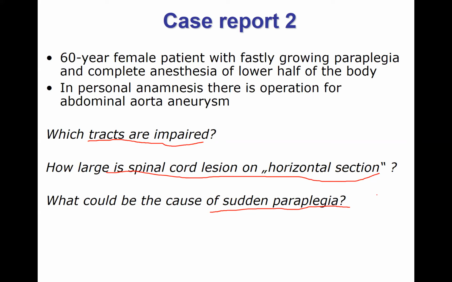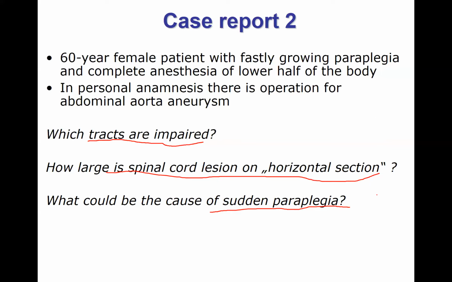That's why you apply the MRI. But yes, you can. That's why we have learned it, that you can distinguish the level of the problem in the spinal cord and vertebral column.